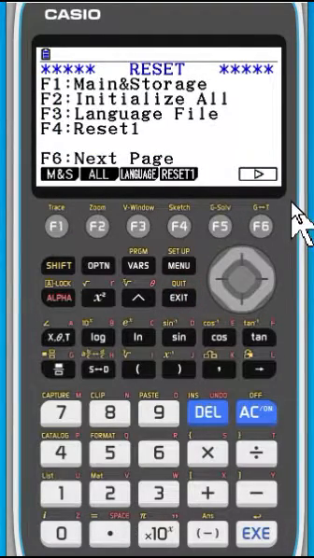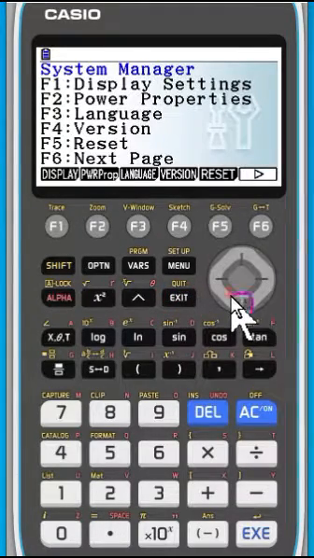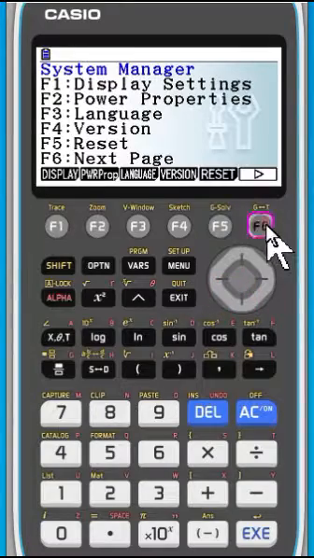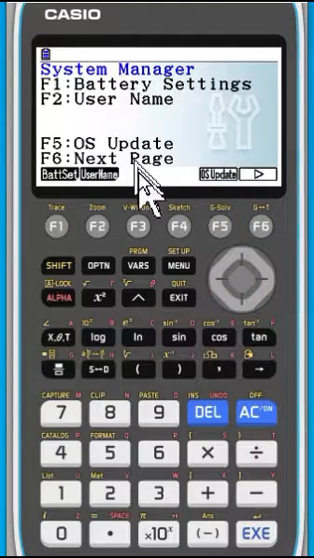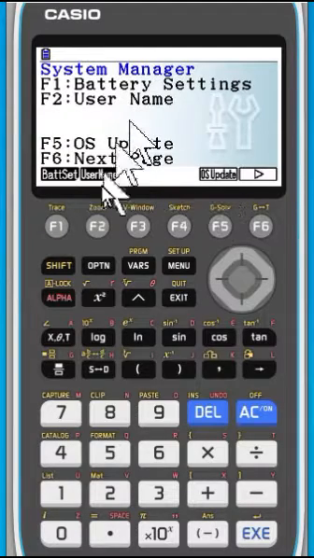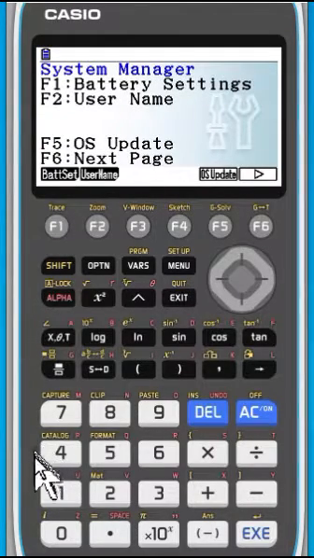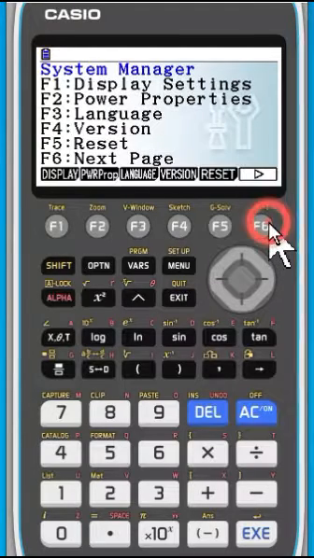If you want to factory reset it completely, then you can say F4 to reset it. Let's go exit, and then you have OS update as well. So you hit F5 to update the OS. For that, you would have to download the updated OS from Casio International website, and then you can upgrade your handheld as well.